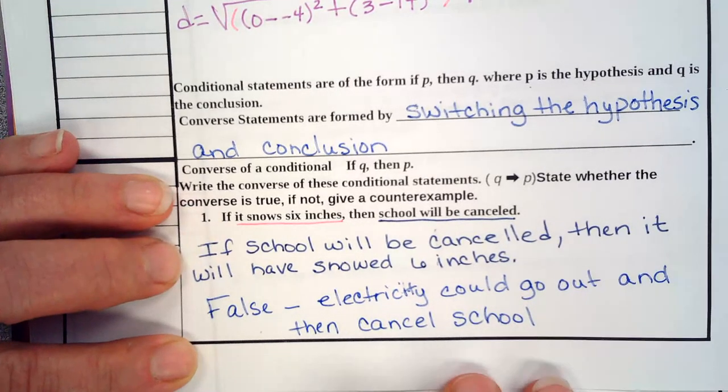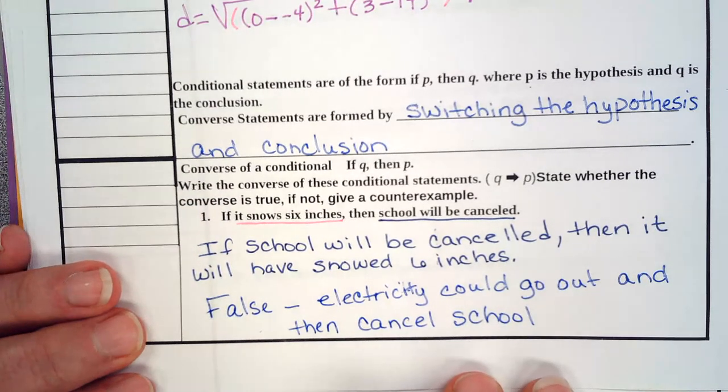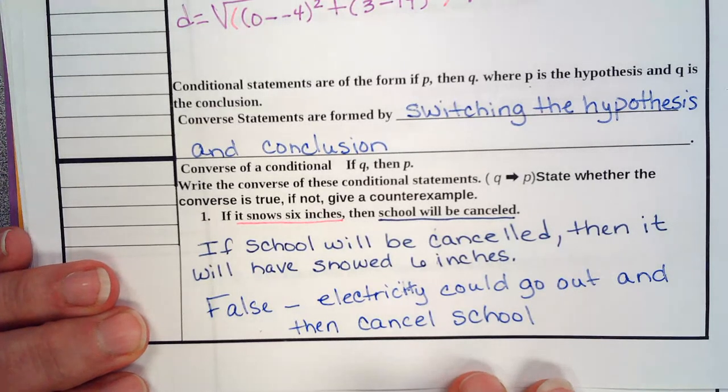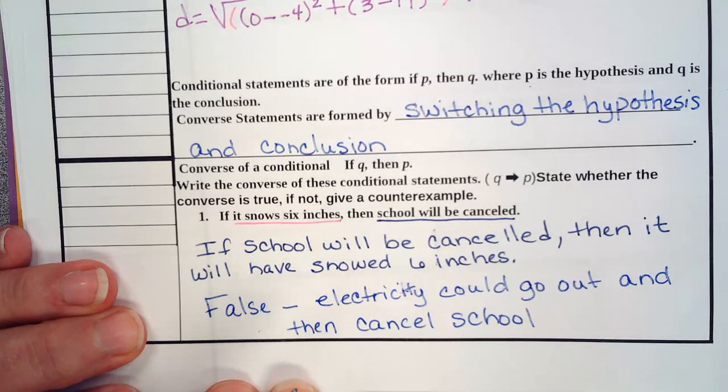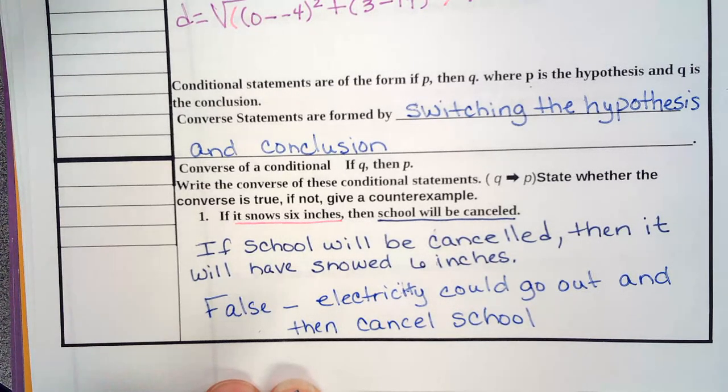Oh, they could cancel school for a holiday. We usually know about those ahead of time, but that's another reason school would be canceled. So just because of snow does not mean it will be canceled. It's not the only reason it could be canceled.